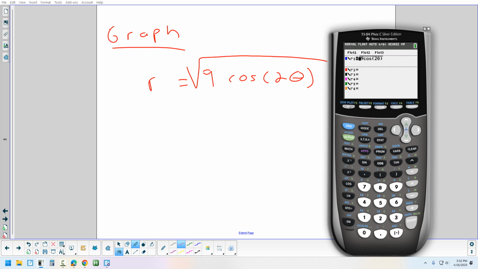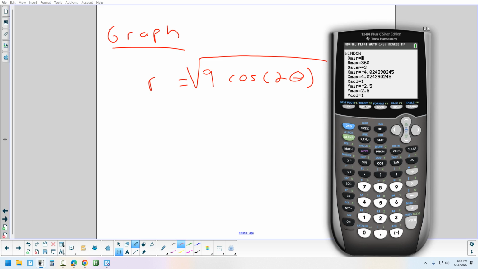All right. Before we hit graph, what should I check? Yeah, we're going to check the window. We're in degrees, so we want to make sure we go through a full cycle. What's the period length of cosine 2 theta?